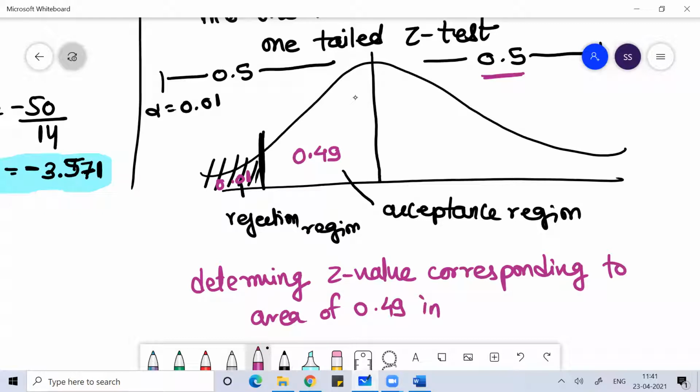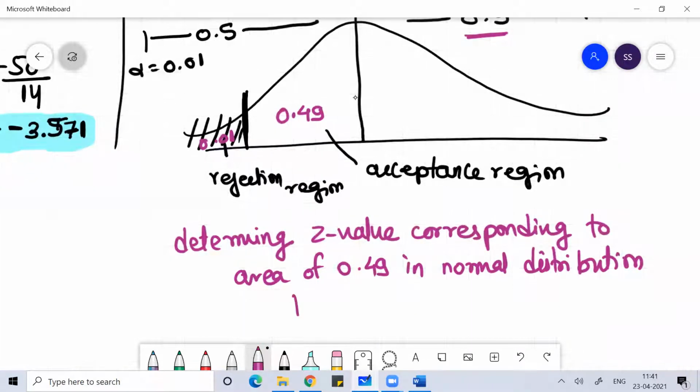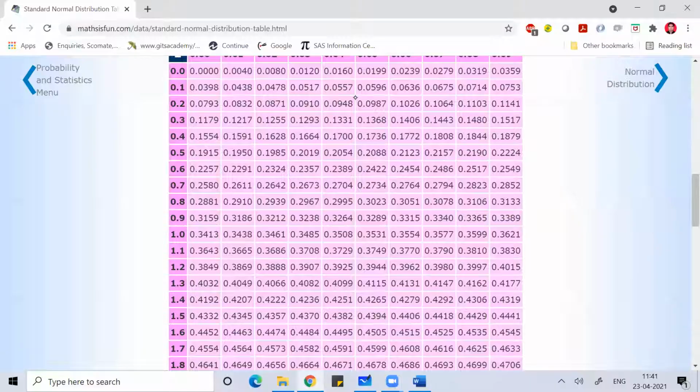You can ask for the normal distribution table and look for the area of 0.49.